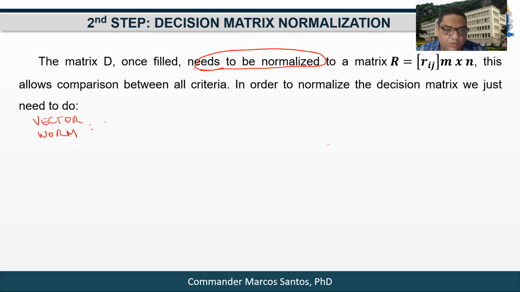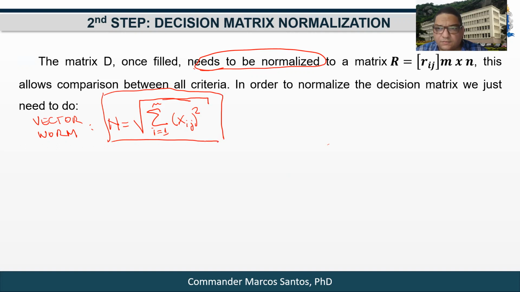So we have norm equal square root of the sum, i equal 1 to m, of x i j squared. This is the expression of vector norm.